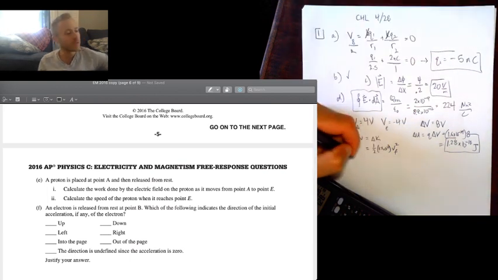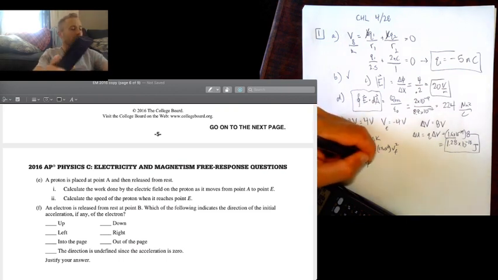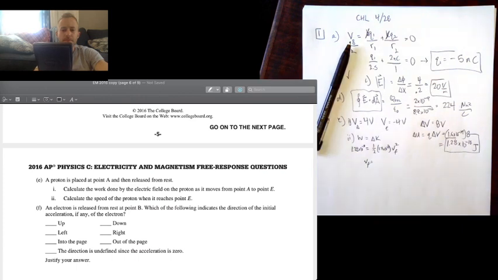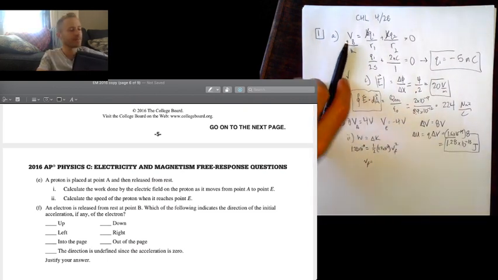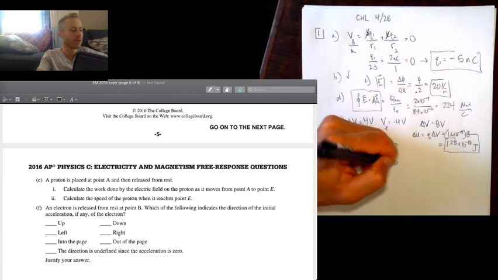It's just a handy-dandy thing to know. And then the work is 1.28 times 10 to the minus 18. So we can solve for v final, which I will do. And I get 3.9 times 10 to the 4th meters per second.